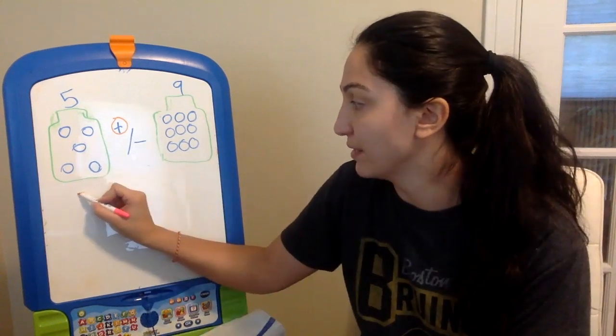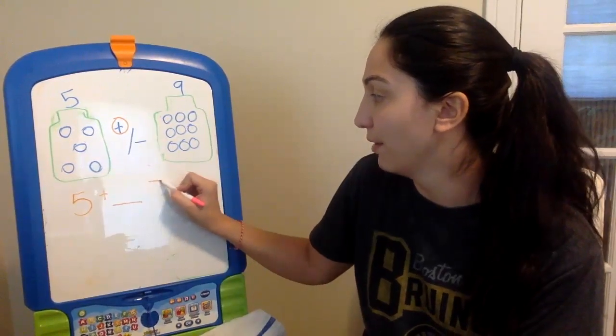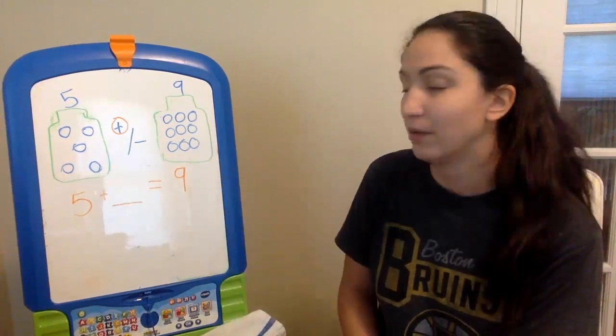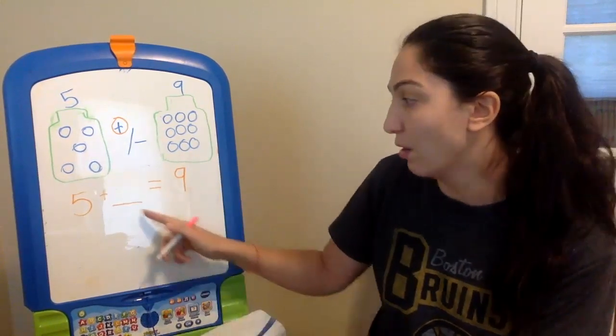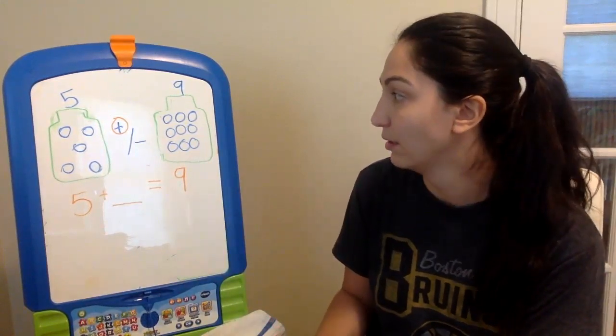So my number sentence is 5 plus what number equals 9? Okay, so I want you to solve the unknown. What number plus 5 is going to give me 9?